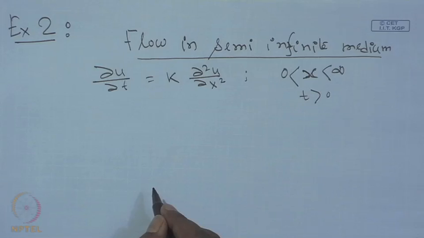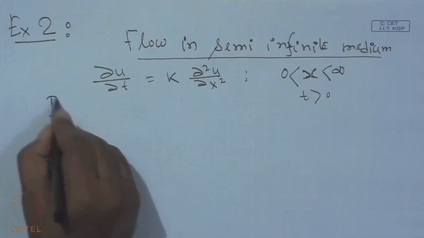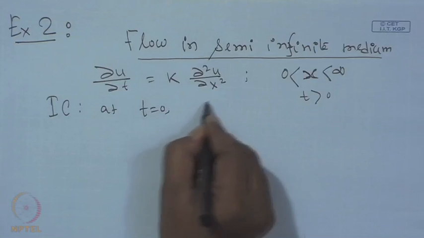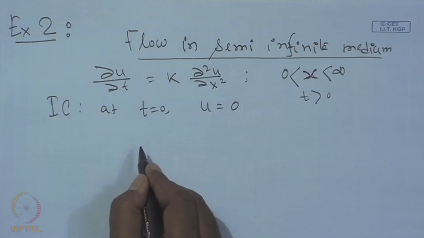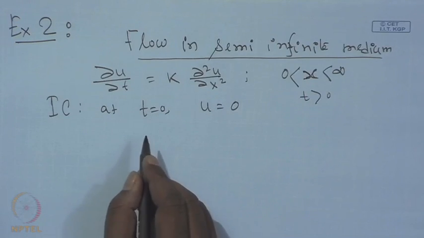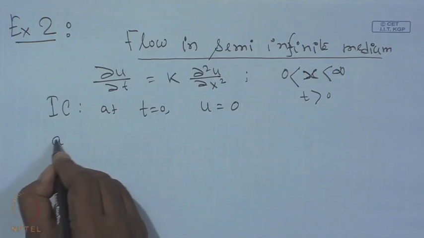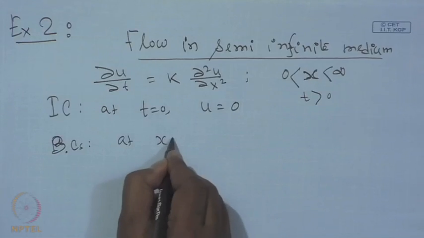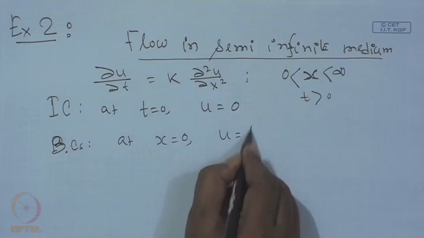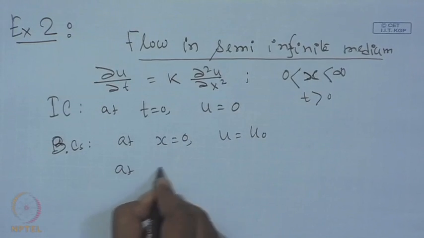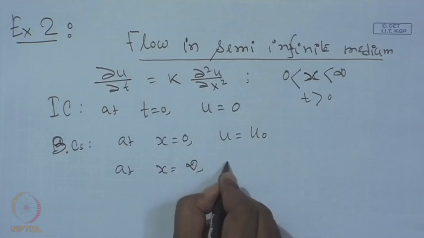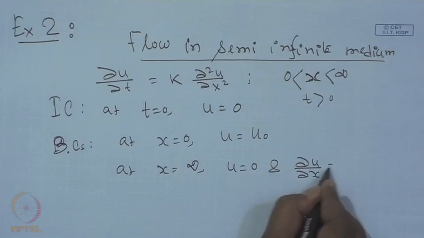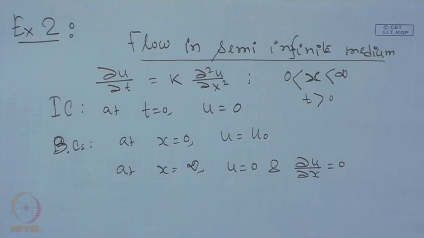Now, let us set up the initial and boundary conditions. The initial condition is at t is equal to 0, u is equal to 0. The boundary conditions are at x is equal to 0, u is equal to u naught, and at x is equal to infinity, u is equal to 0 and del u del x must be equal to 0.